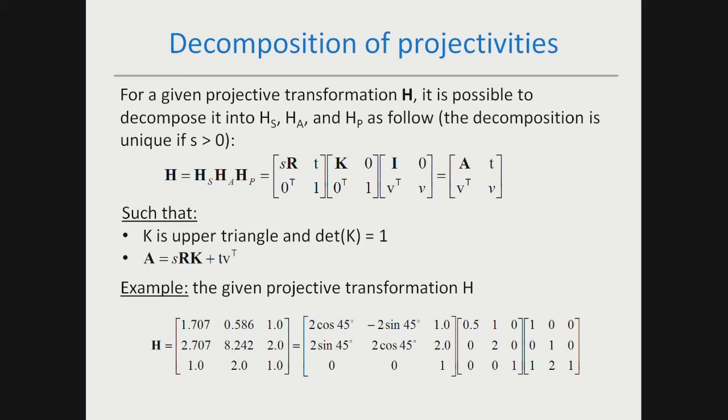Now, why do we need to decompose this into three transformations? One is similarity, which is the least constrained. We started with similarity, then we have the general affine transformation, then we have the projective. Yes?